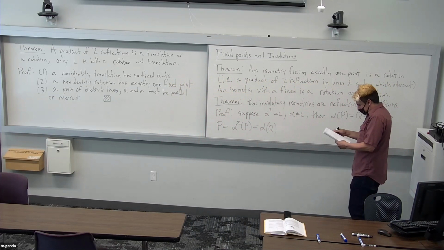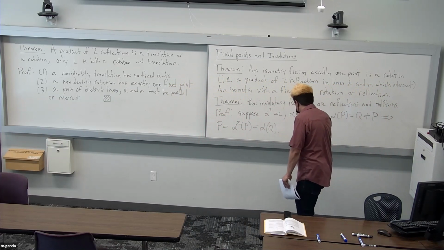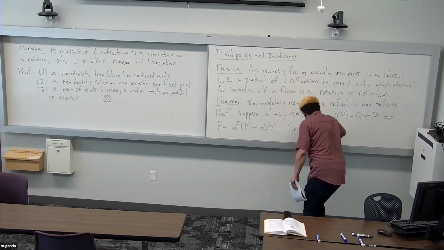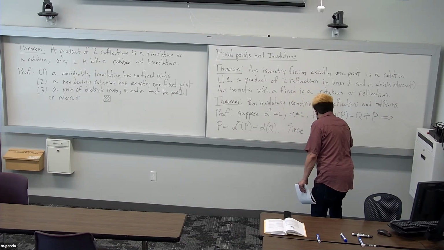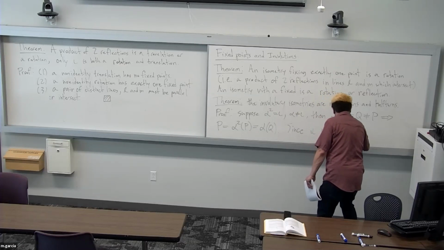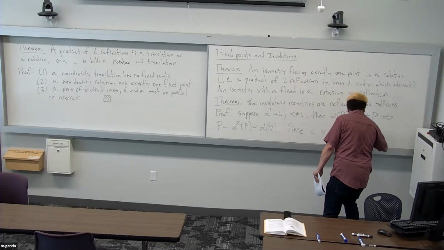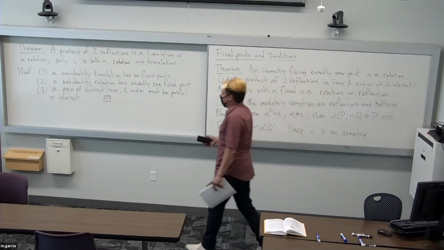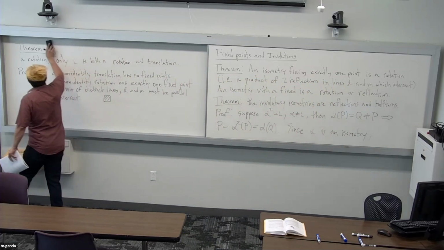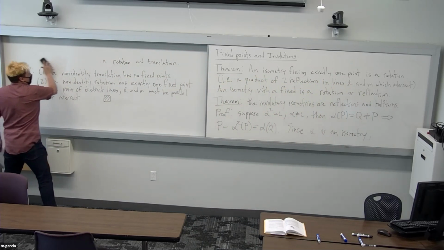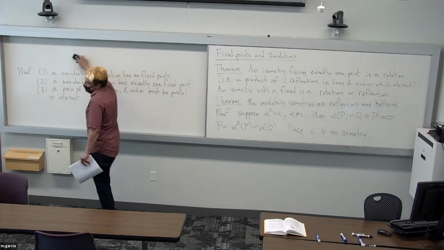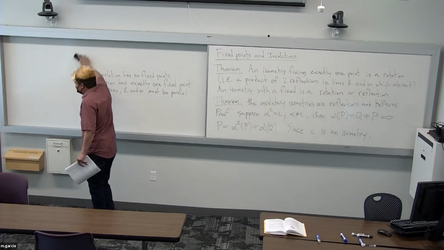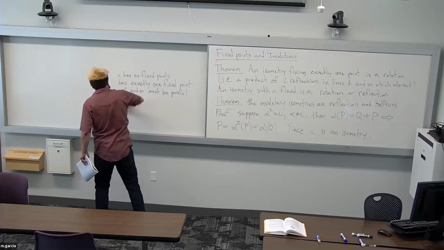Okay, so now, since alpha is an isometry, well, remember, isometries are really nice. They preserve all structure that we care about, quote unquote, and they fix certain things, such as midpoints.